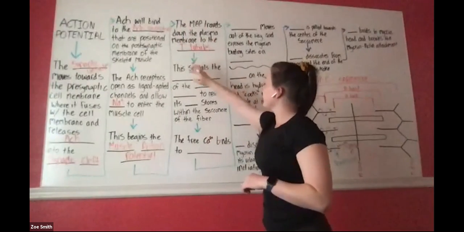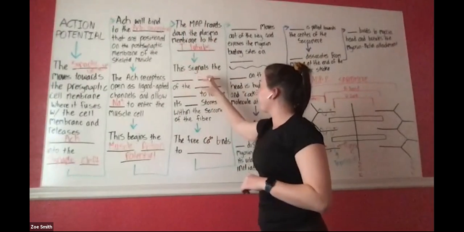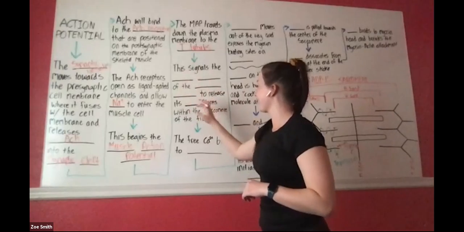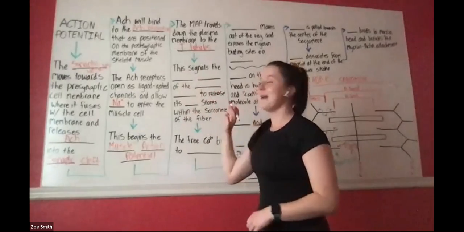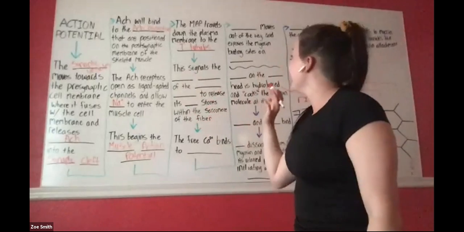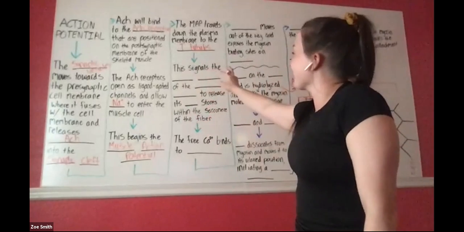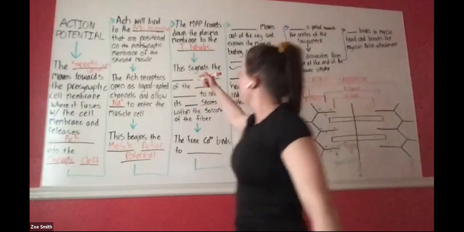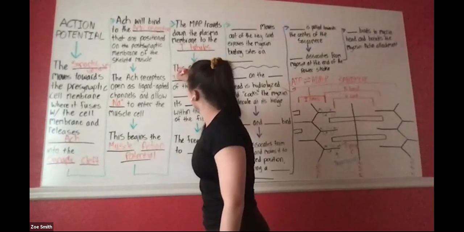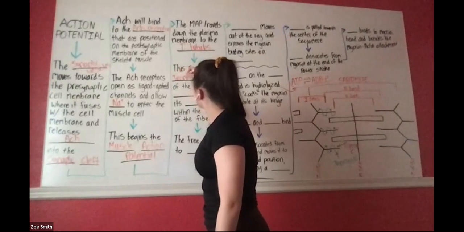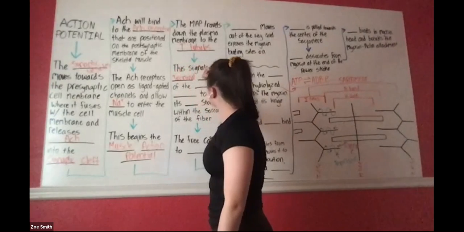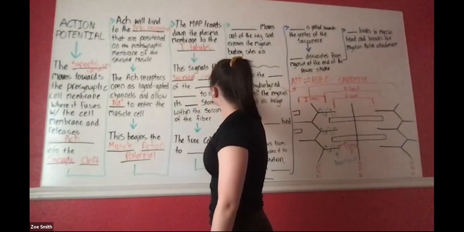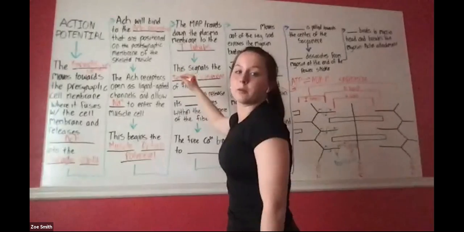From there, this signals the blank blank of the blank blank to release its blank stores within the sarcomere of the fiber. That one was a little bit long. So this signals the terminal cisternae of the sarcoplasmic reticulum to release its calcium stores.